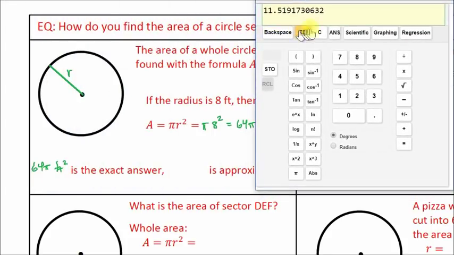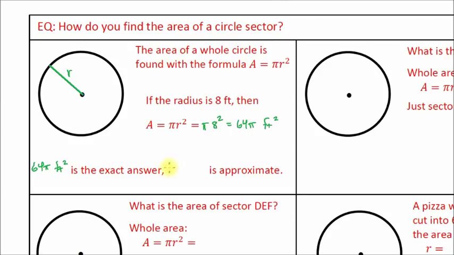Let's put in 64 pi, and we'll get a decimal answer: 201.06, that's 201.1, so approximately 201.1 feet squared. Now that's not the exact answer. As soon as you put pi in your calculator, you are now rounding your answer. So an approximate answer rounded to one decimal is 201.1 feet squared.